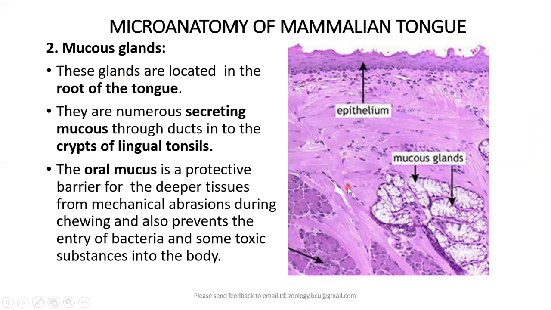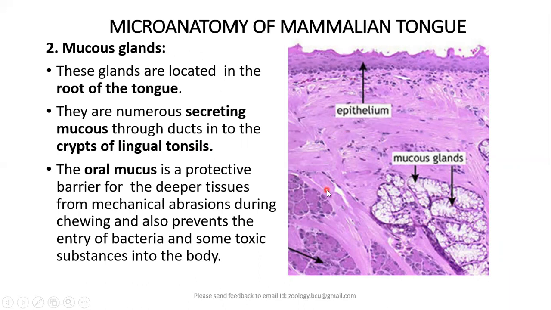The second type of glands found in the tongue are called mucus glands, as they secrete a lot of mucus through the ducts. This mucus will reach the various crypts of lingual tonsils. So therefore, these mucus glands are largely present in the root of the tongue.